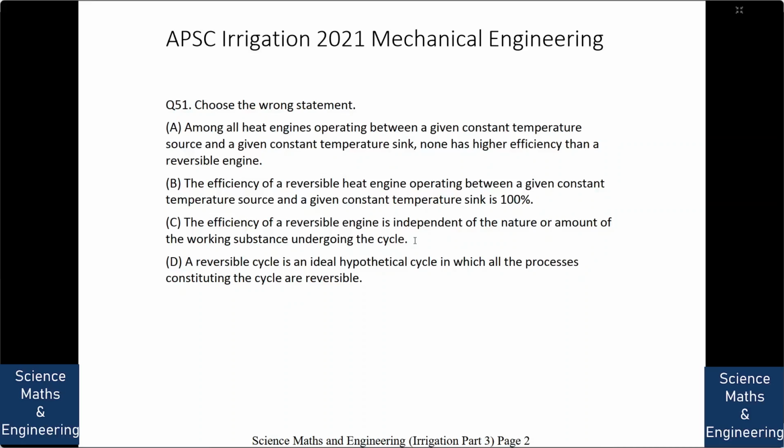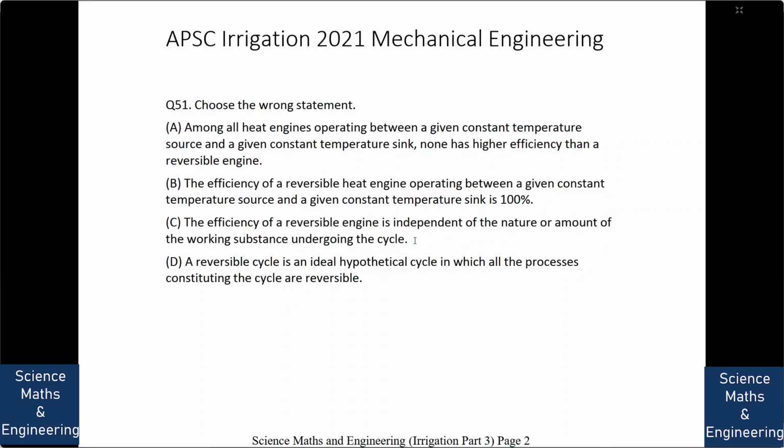C. The efficiency of a reversible engine is independent of the nature or amount of the working substance undergoing the cycle. Or D. A reversible cycle is an ideal hypothetical cycle in which all the processes constituting the cycle are reversible. You can pause and think of the answer.